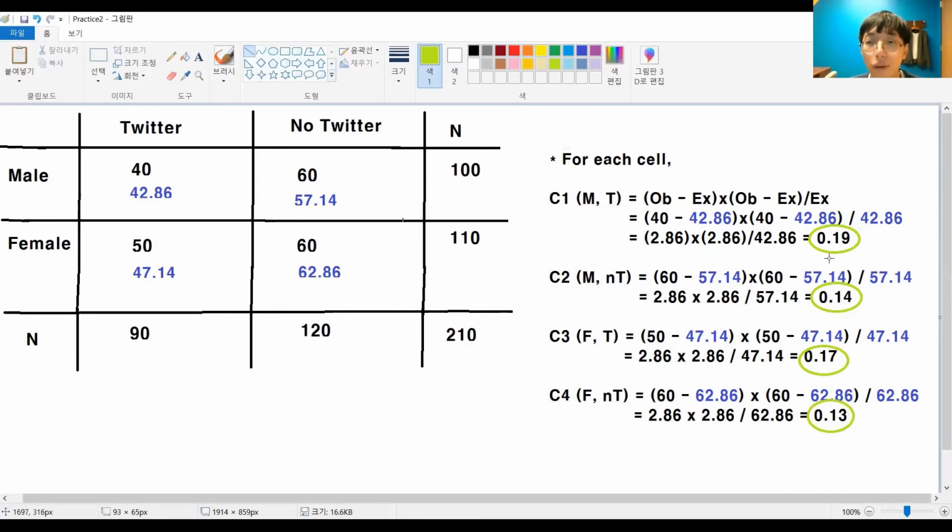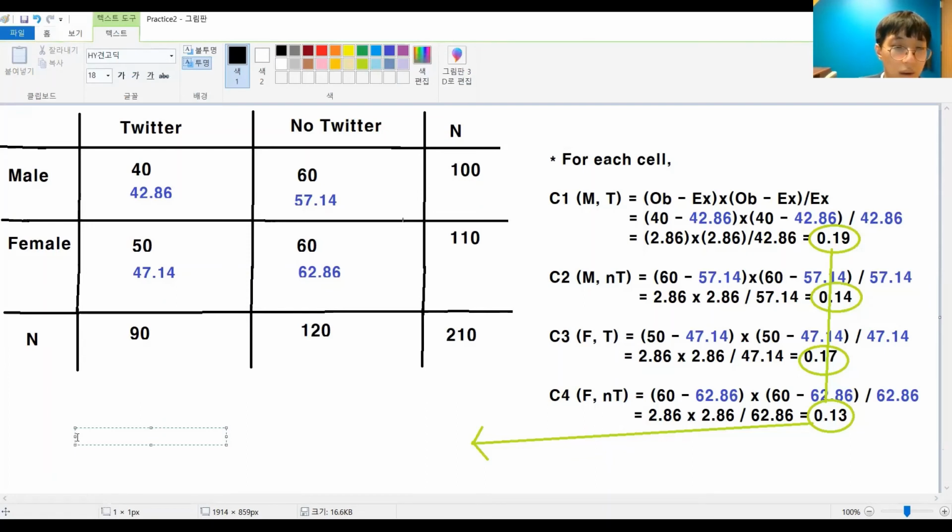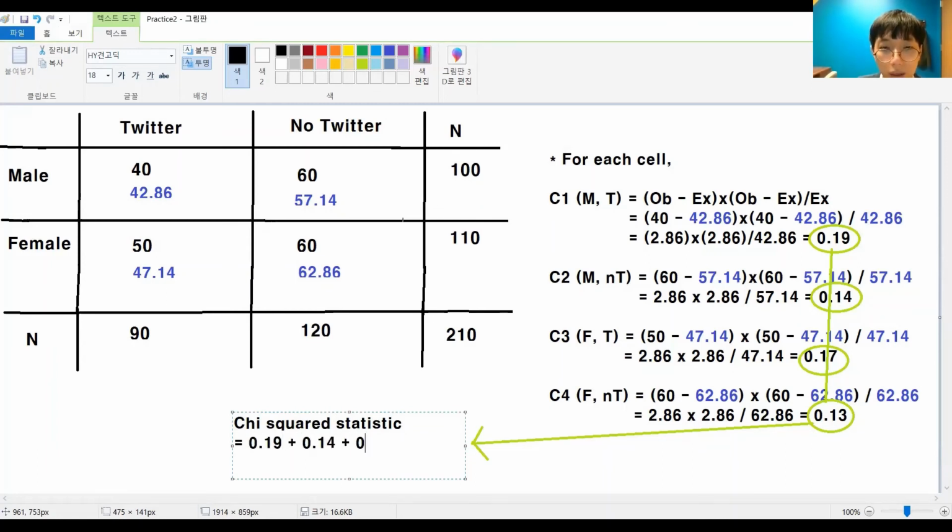Then if you add these four numbers, you can get the chi-square statistic: 0.19 plus 0.14 plus 0.17 plus 0.13.